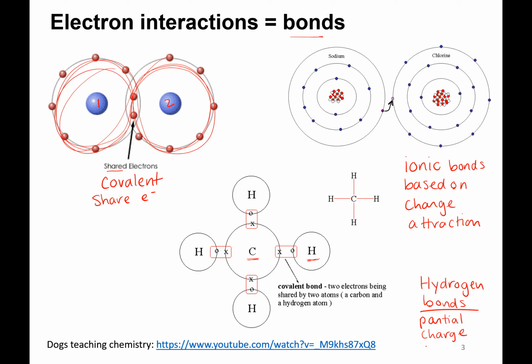And if you feel like watching a really cute review of bonds, I love Dogs Teaching Chemistry. You can watch this couple-minute YouTube video. Okay, so let's also write here. Covalent are the strongest bonds. Hydrogen bonds are the weakest.